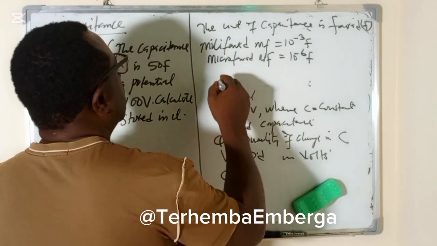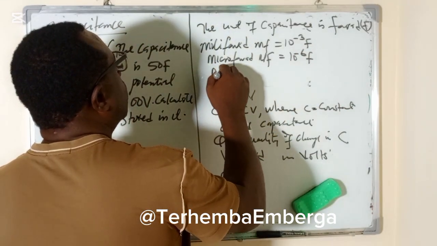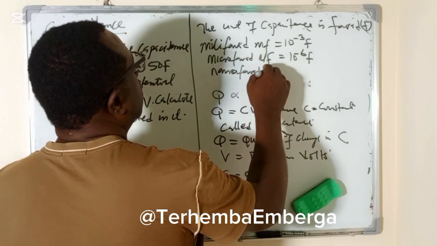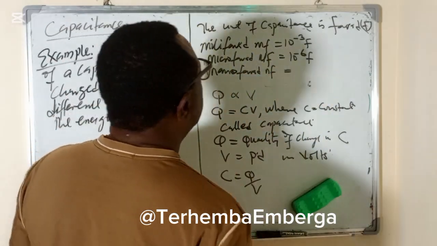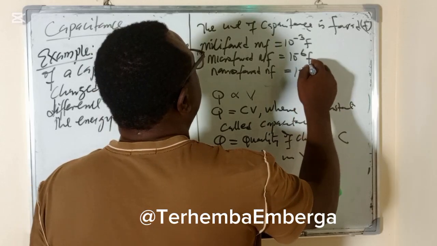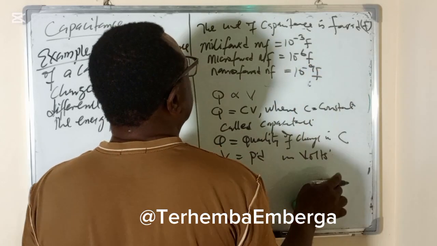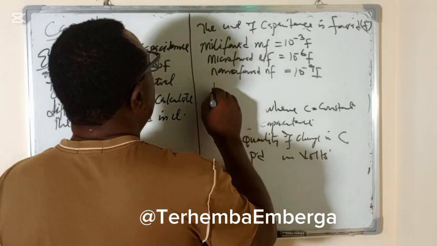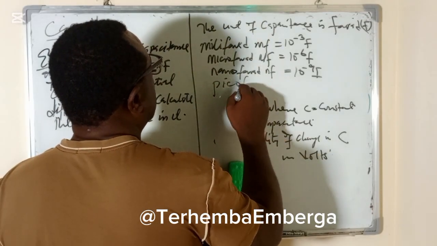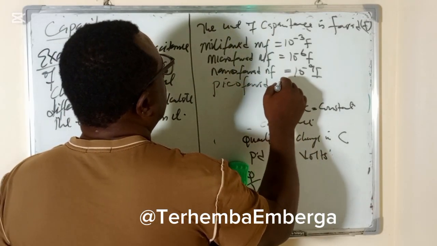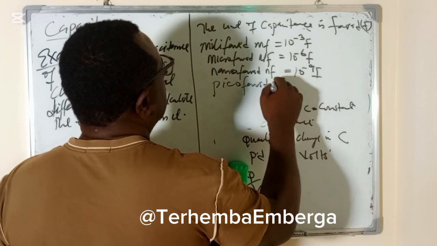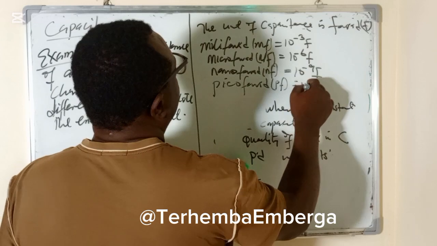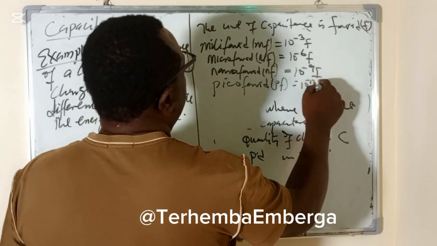Then we'll have nanofarad, which is equivalent to 10 raised to power minus 9 farad. And then you have what we call the picofarad, which is equivalent to 10 raised to power minus 12 farads.